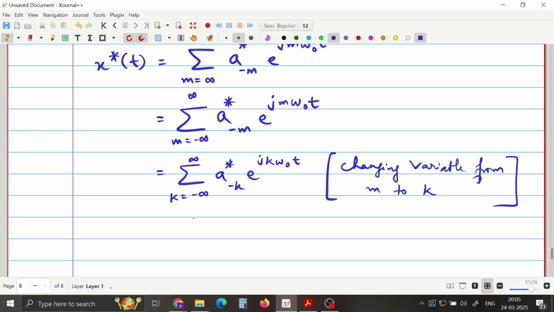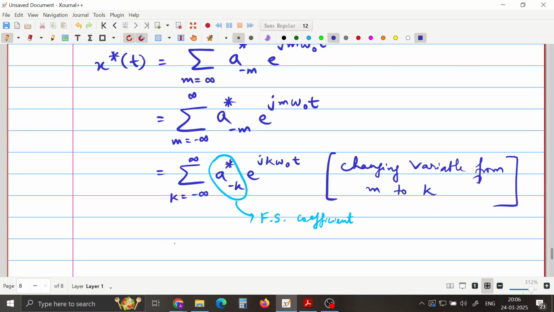Okay. So what do I have? This term, a_minus k star, is my Fourier series coefficient of x star of t.